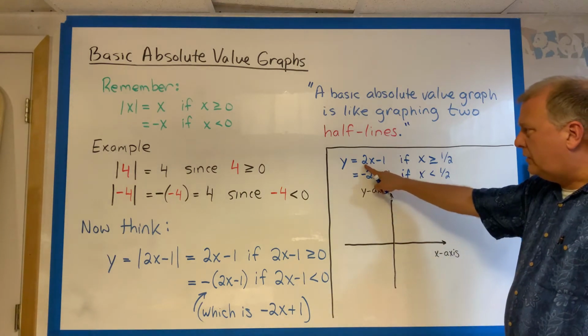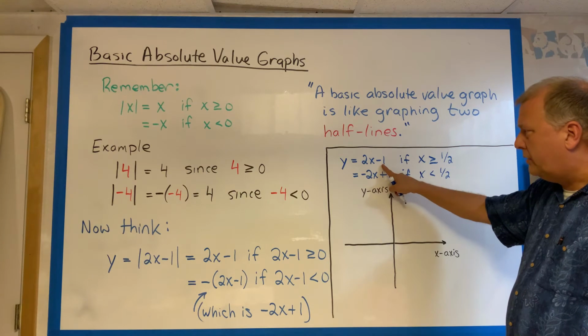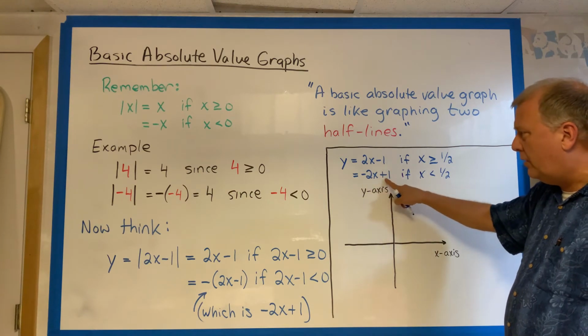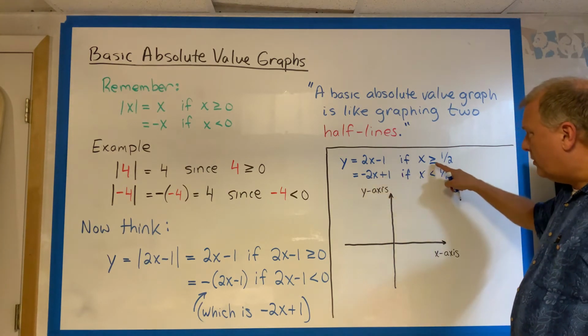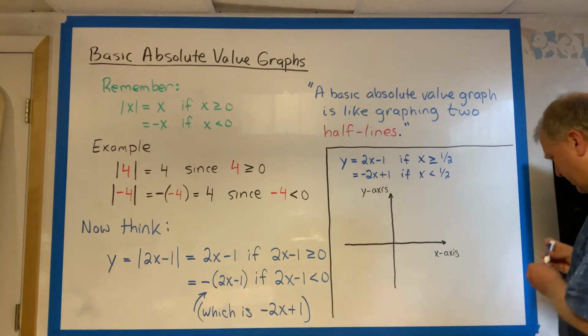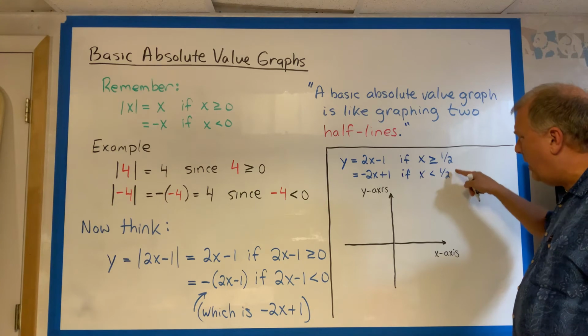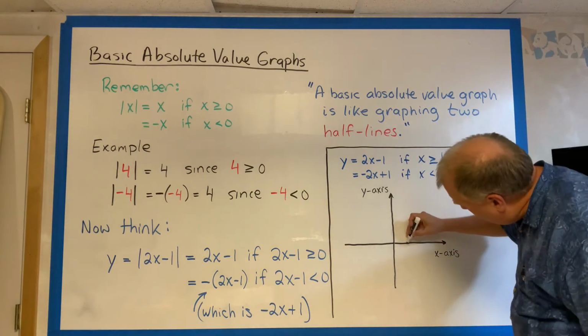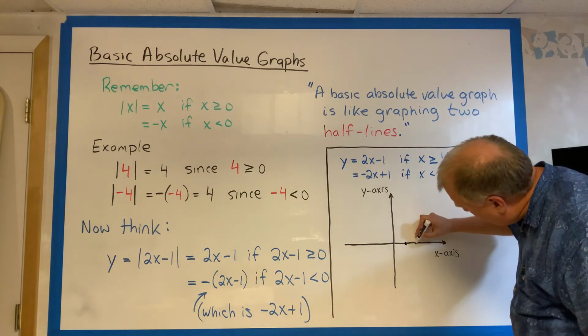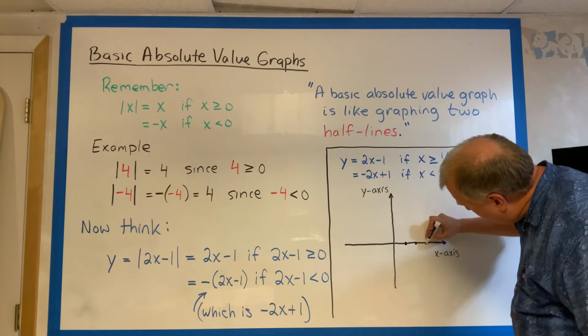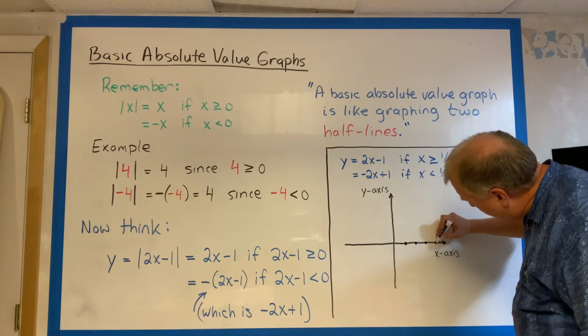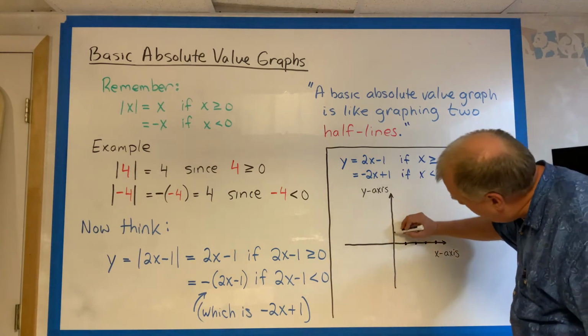We recognize the slope. We recognize the y-intercept. This one has a slope and a y-intercept. But we have to mark scale properly. So if the point 1/2 is important to me, I'm going to make steps about this size. 1, 2, 3, and 4.